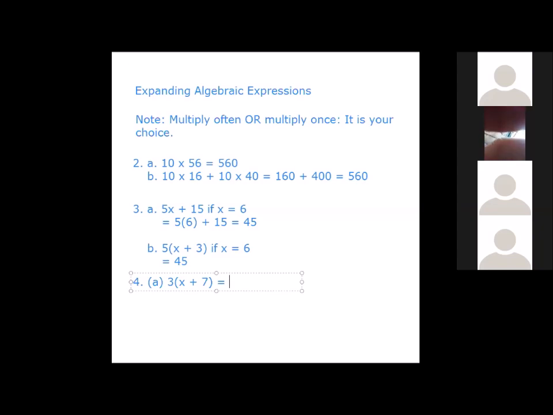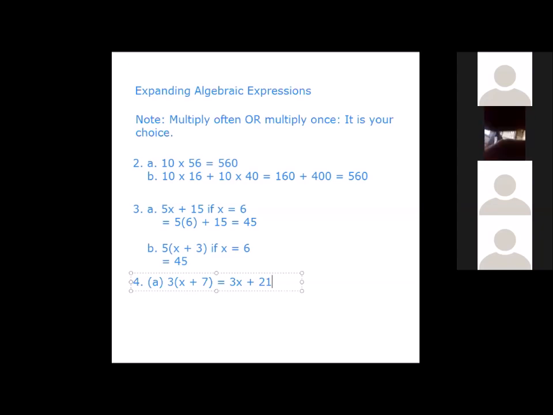We distribute 3 to both terms of the other factor. 3 times x is 3x. 3 times 7 is 21. Therefore, 3 parenthesis x plus 7 is equal to 3x plus 21.